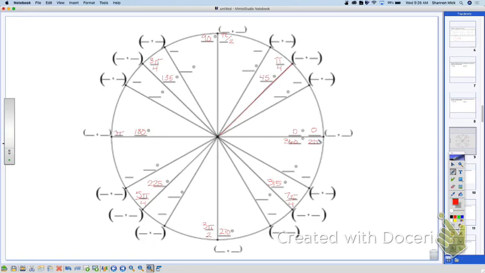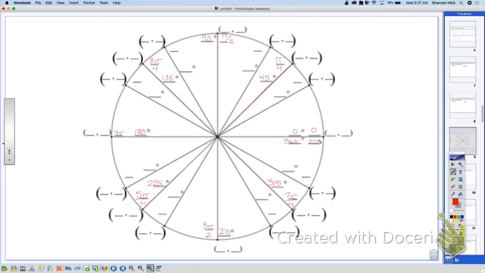So if I'm talking about 45 degrees being my reference angle, remember reference angle is the distance from the x-axis, yes? And I say in the second quadrant, I'm 1 less than a whole. So what's my denominator for 45 degrees in radians? 4. So what is 1 less than a whole? 3.